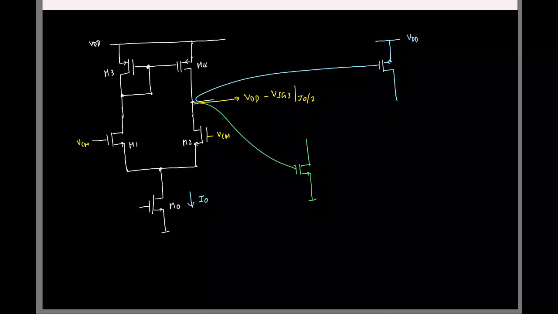Now let us say the second stage common source is biased at a current I2. So what would be the required voltage here? Just the gate to source voltage at a current I2. No trick. So here again, let us say a PMOS stage biased at the same current. What would be this voltage? VDD minus VSG at a current of I2.